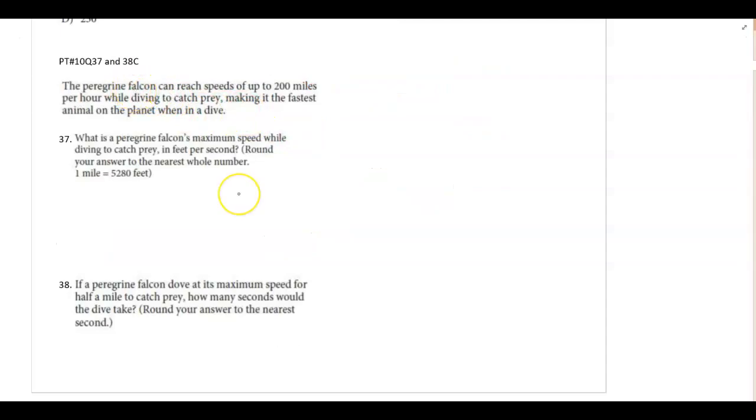So the peregrine falcon can reach speeds up to 200 miles per hour while diving to catch prey, making it the fastest animal on the planet when in a dive. What is the peregrine falcon's max speed while diving to catch prey in feet per second?